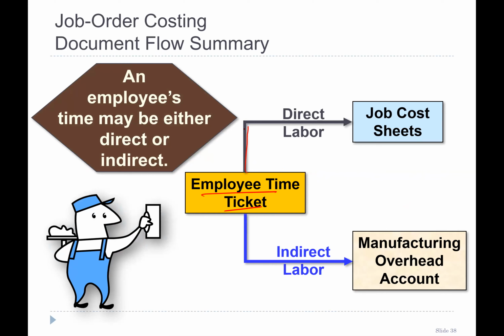It goes directly to the job order cost sheet, and indirect labor goes to the manufacturing overhead, right? But how do we know the indirect labor is this much? Normally we estimate. So the real challenge is to calculate the manufacturing overhead, because direct labor and direct material are really easy.